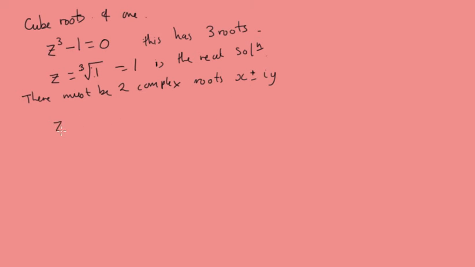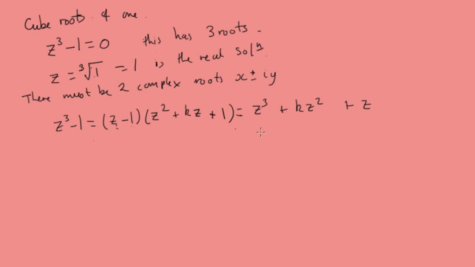So because z cubed minus 1 must equal (z minus 1) times (z squared plus kz plus 1), now we can multiply that through, so we'll have z cubed plus kz squared plus z.